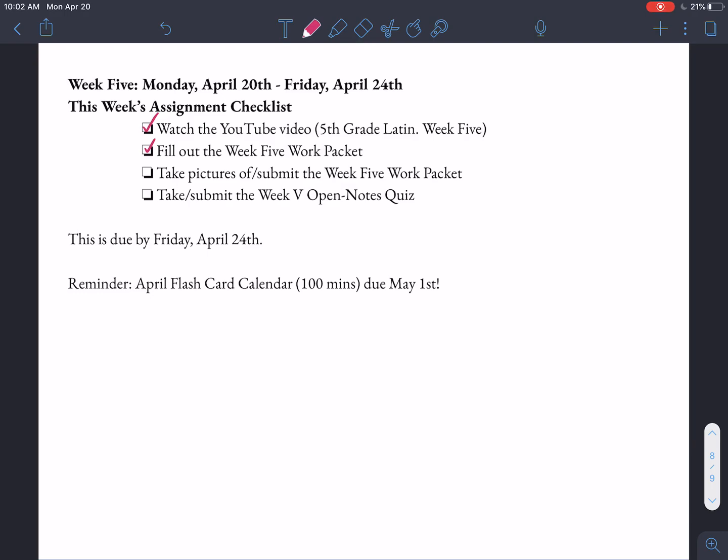Please submit this packet, hand it in so I can count it and give you a grade and attendance grades for it. And then you have to take and submit the week 5 Open Notes quiz. The link for it will be found in the weekly email. It can be found on the Latin website. All of these things are going to be due by Friday, April 24th.